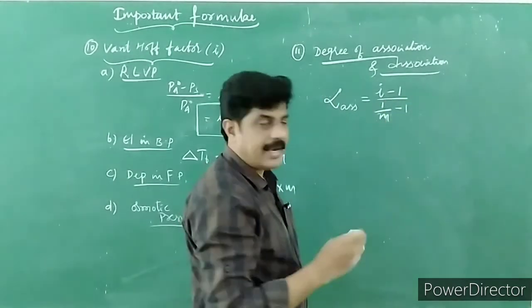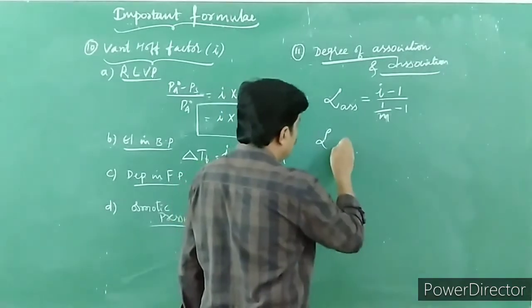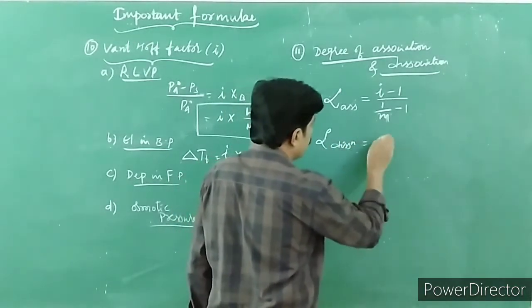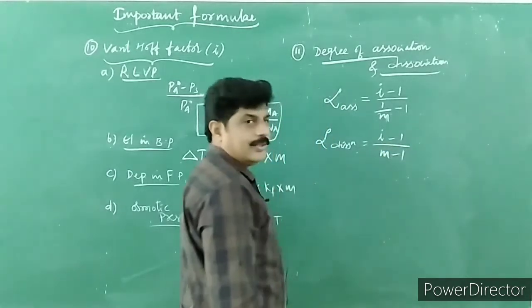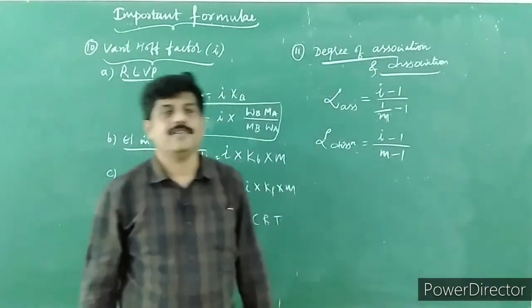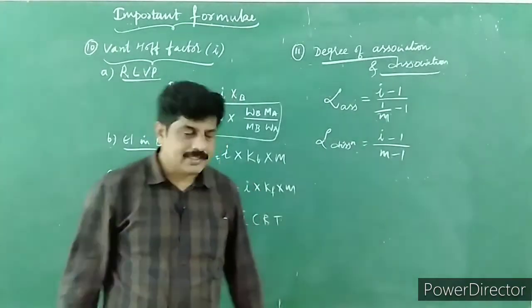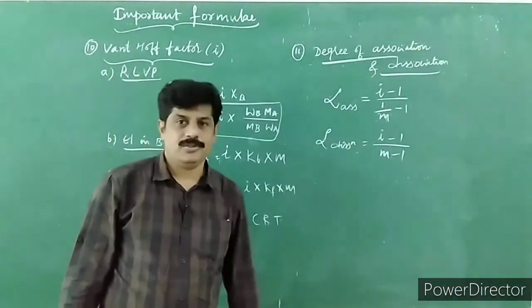M or N doesn't matter here. And alpha for dissociation is equal to I minus 1 upon M minus 1. So these are the different formulas that you all learned under the unit solutions.